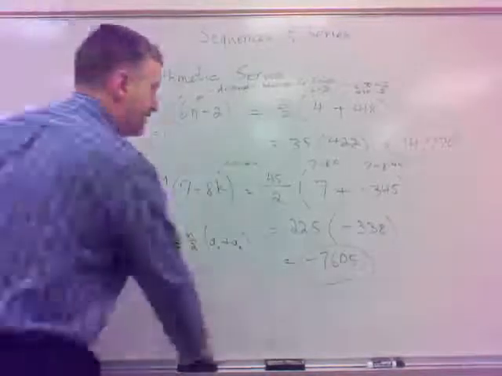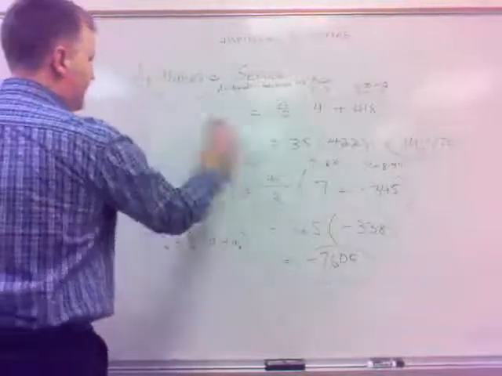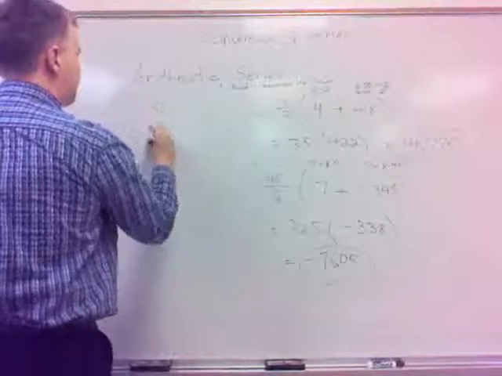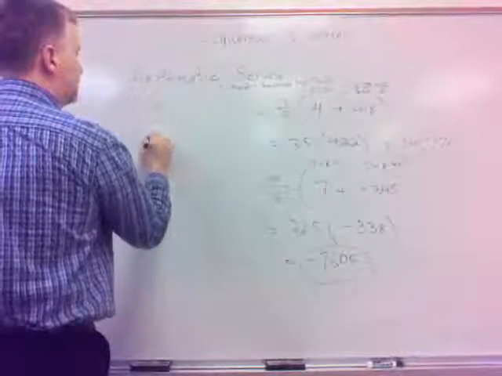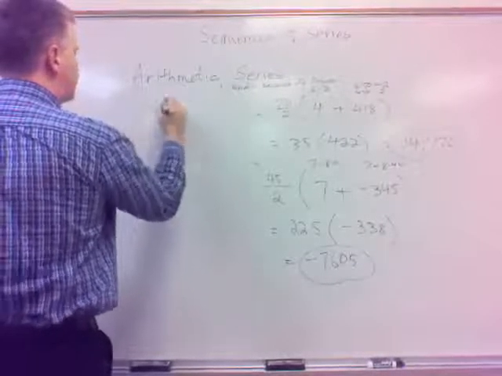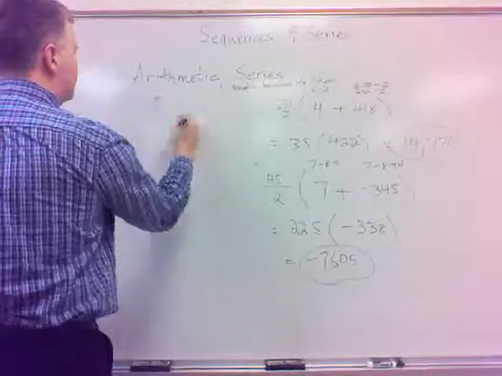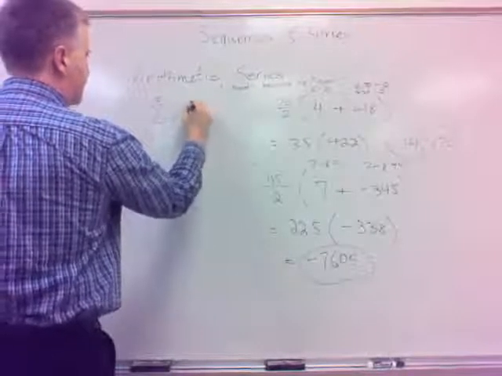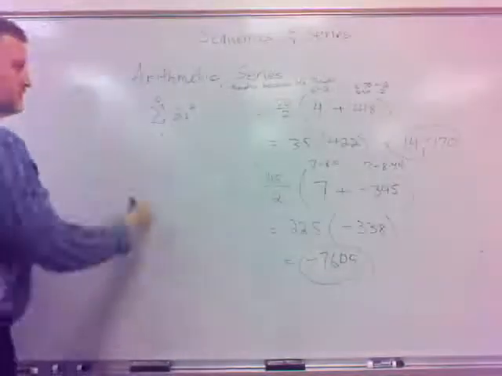All right, now, make a quick point about this. What if I had the sum i equals 1 to 10, and, all right, let's just do 2i squared. Got to use this formula?